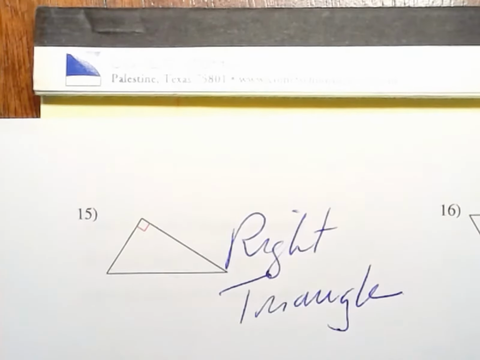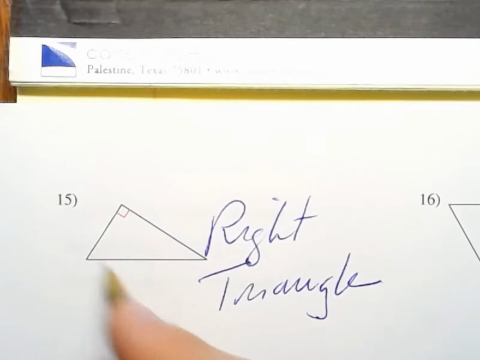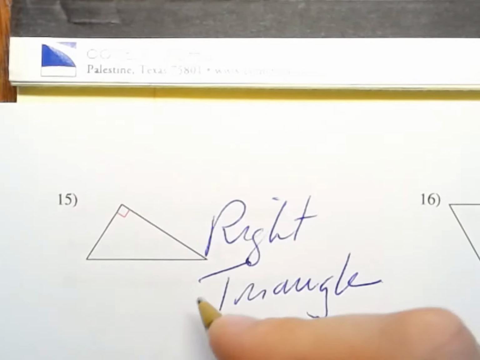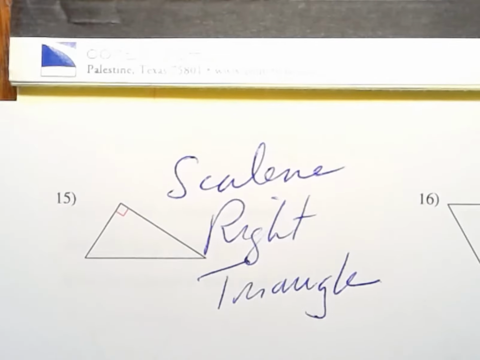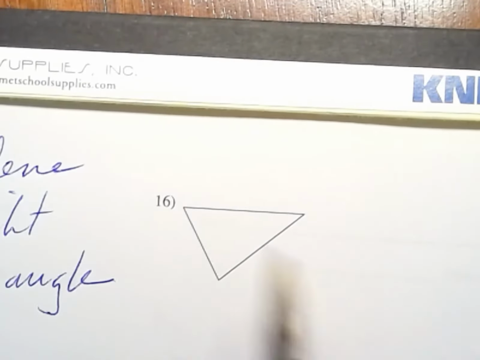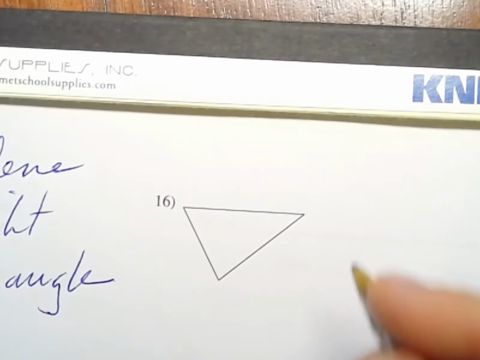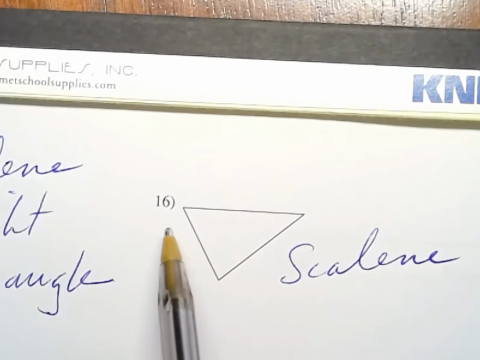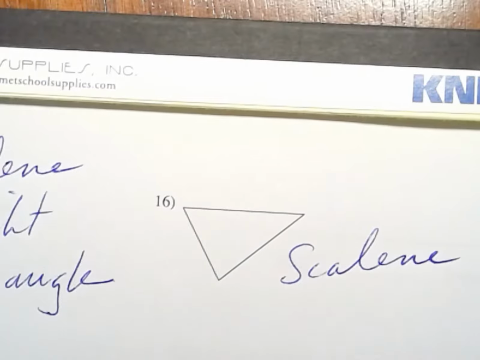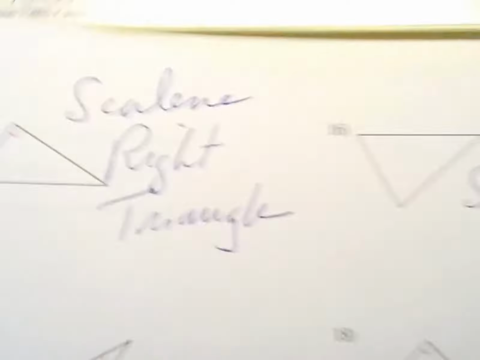It's a right triangle because it has a right angle, but notice that none of the sides are marked as the same, so it's also a scalene right triangle. In this one, none of the sides are marked, none of the angles are marked, so it's a scalene. And we're going to go back and talk about the angles in just a minute in more depth.